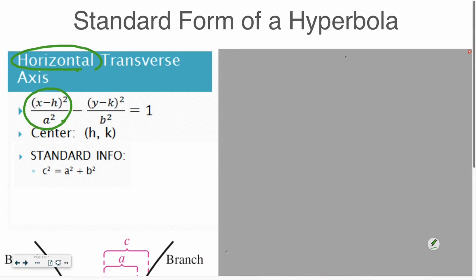Okay, it's going to come first in our equation. Okay, A is still going to tell us where our vertices are, and C is still going to tell us where our foci are. However, this time we get to use C squared equals A squared plus B squared. Our foci will always be further out than our vertices from the center.